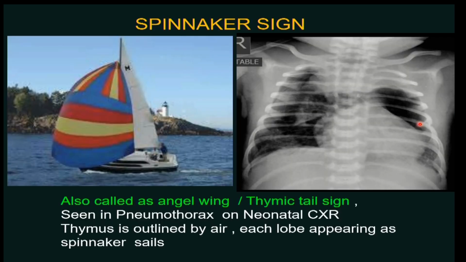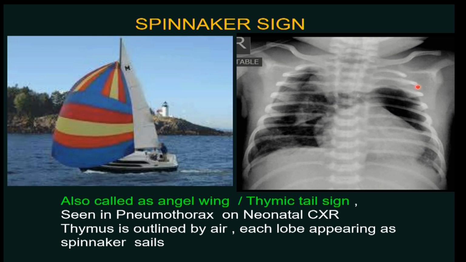Spinnaker sign, also called the thymic tail sign or angel wing sign. This is basically seen in pneumothorax, where the thymus is delineated with air. Usually we don't see the thymus, as we all know, as age progresses it regresses in size. But this is especially important in pediatric chest radiographs, where usually the thymus is blurred with the cardiac silhouette.